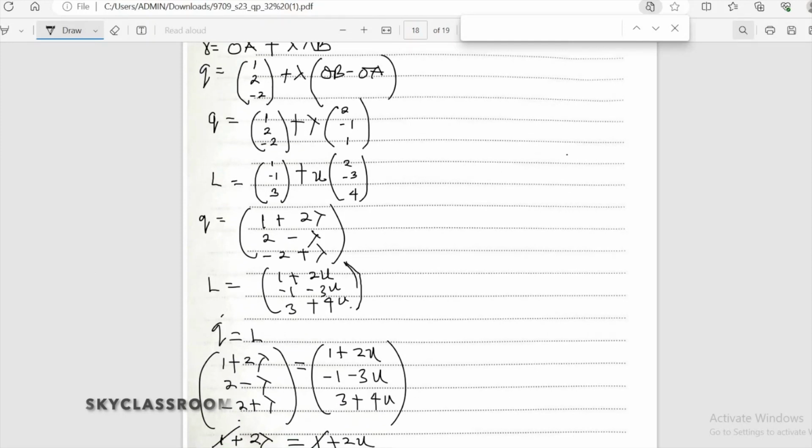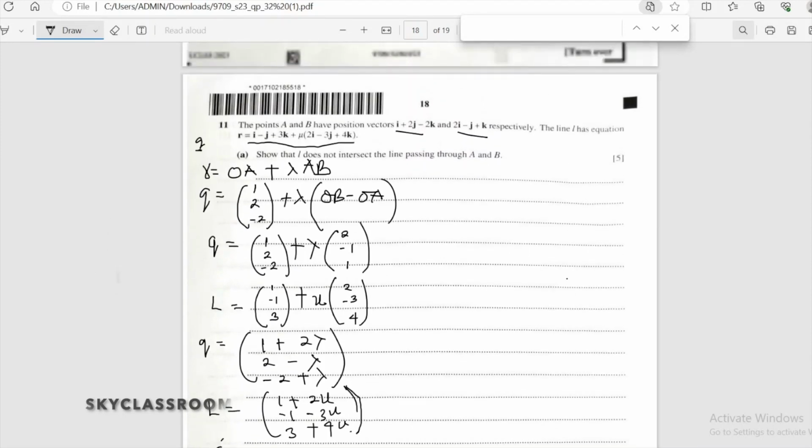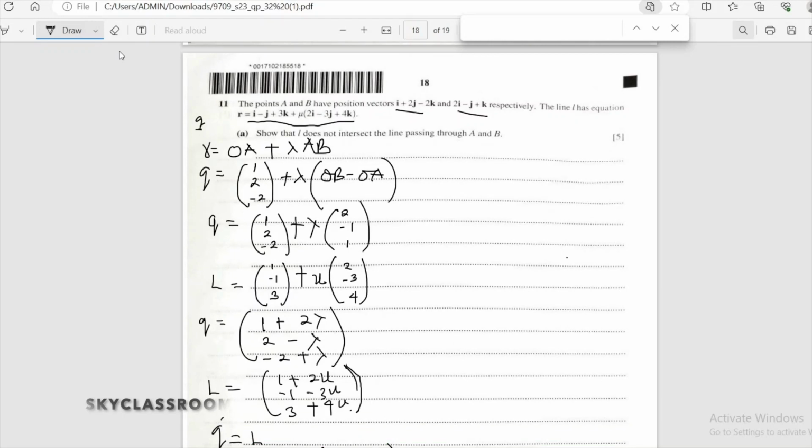That's OB minus OA: 2 minus 1 is 1, minus 1 minus 2 is minus 3, and 1 minus minus 1 is... I think there's an issue with our OB minus OA. Let me check it properly.